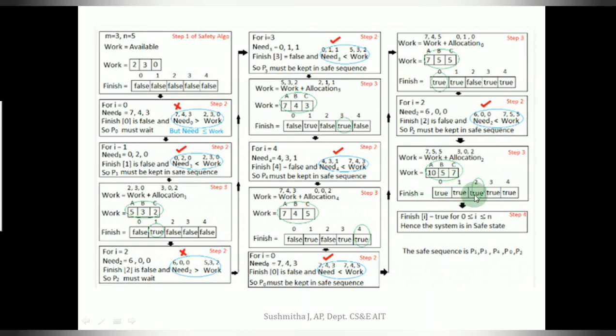So you can see all the processes are turned to true. I am able to derive a safe sequence. There are times where you cannot satisfy and you cannot derive a safe sequence, so that request leaves the system in an unsafe state.